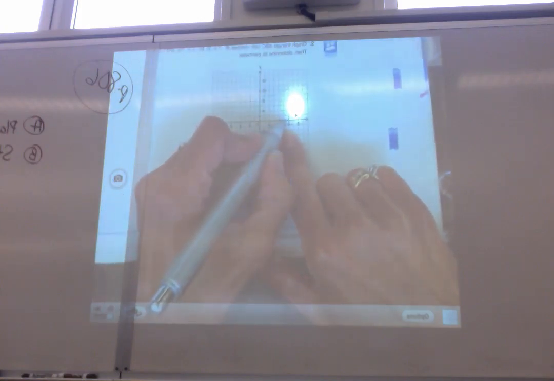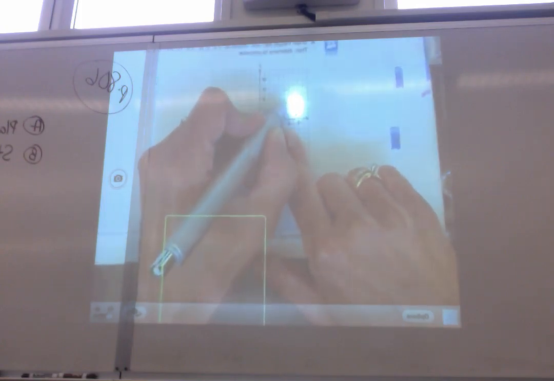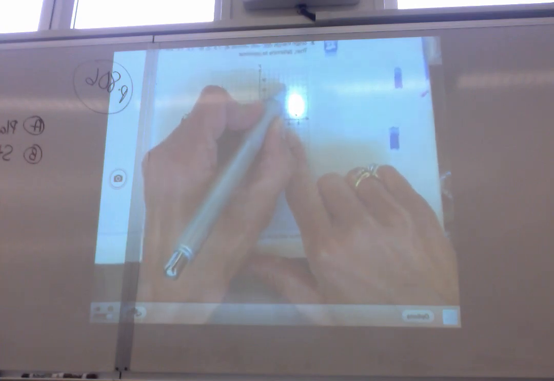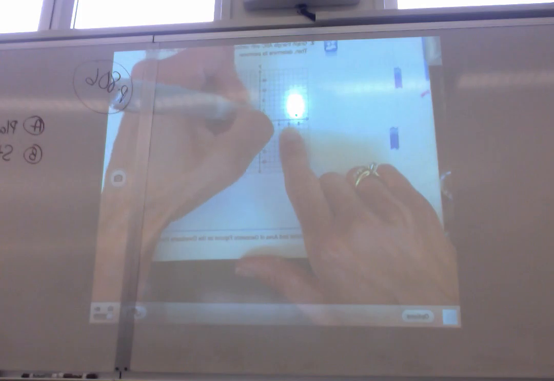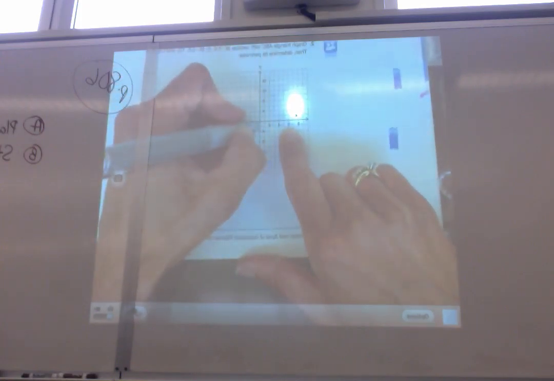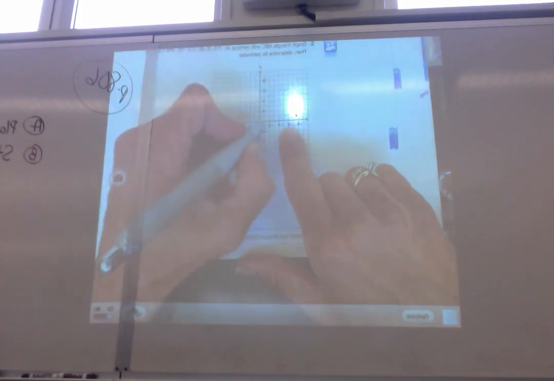Here's 5, there's 5.5, and 13 up. 12. Oh, these are by 2. So notice how the y-axis is going 2, 4, 6, while the x-axis is going 1, 2, 3, 4.